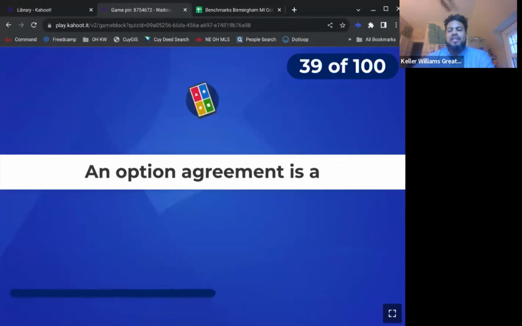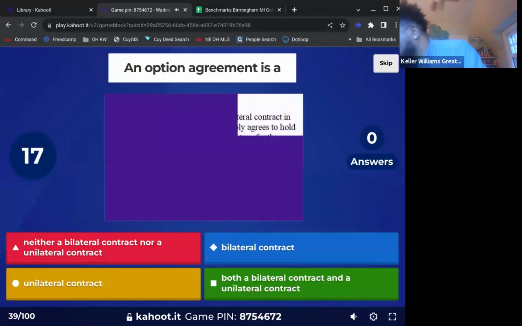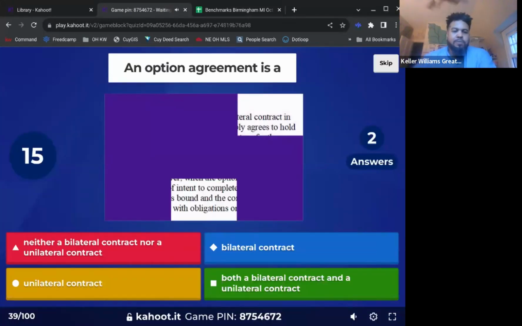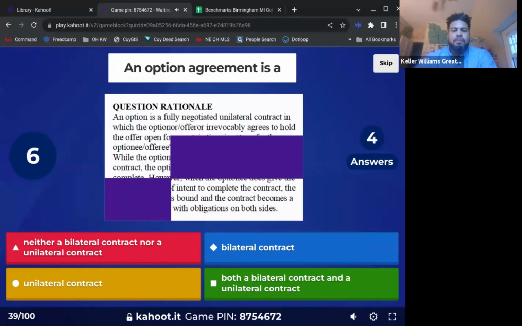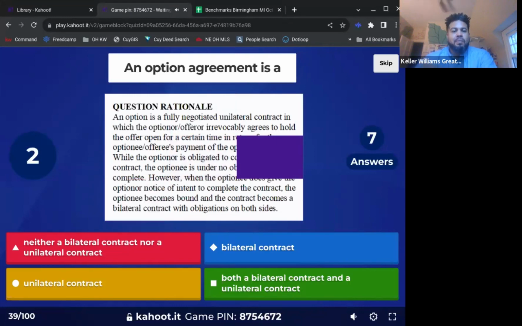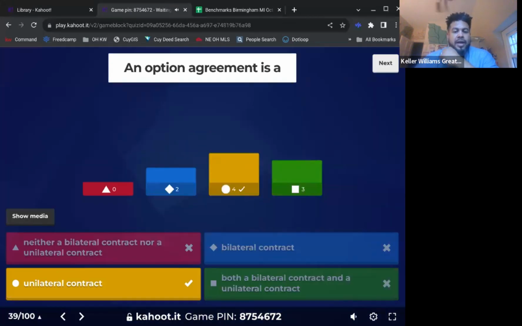An option agreement is a... Yep, it's a unilateral contract. So most things can't be both a bilateral and unilateral.